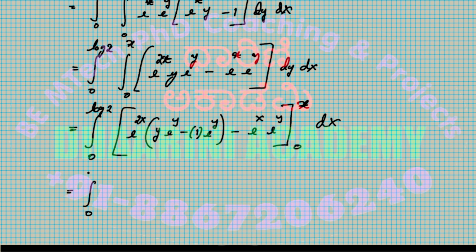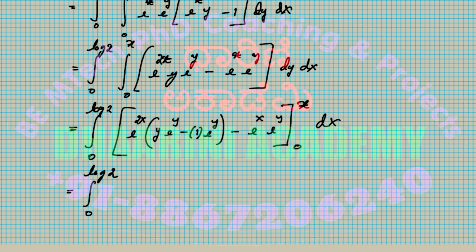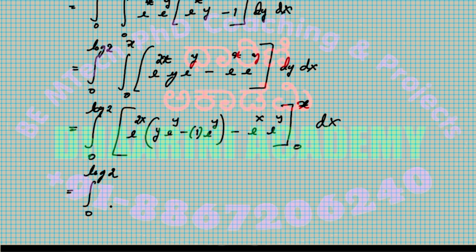So this is 0 to log 2. Let's substitute x over there, then y is equal to 0. So when I put x, this is e to the 2x as it is. So first you put, this is x e to the x minus e to the power x, right?